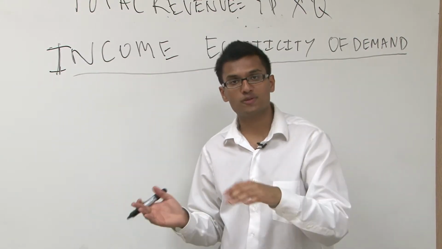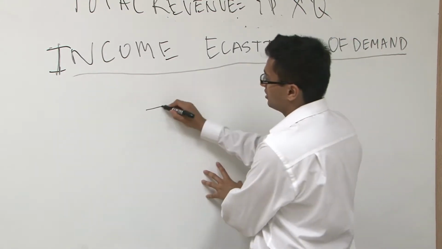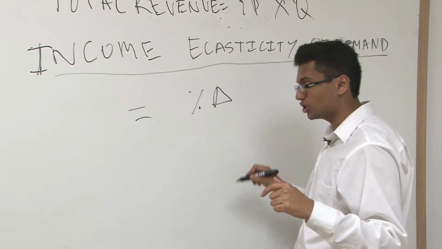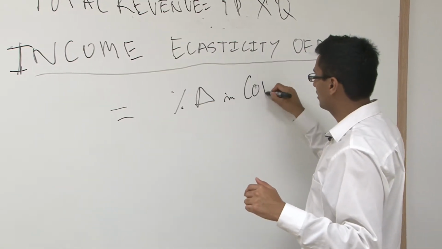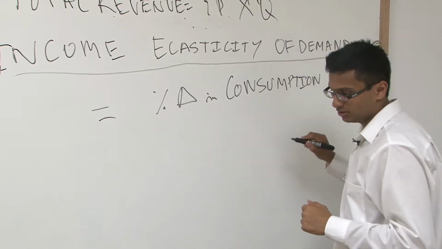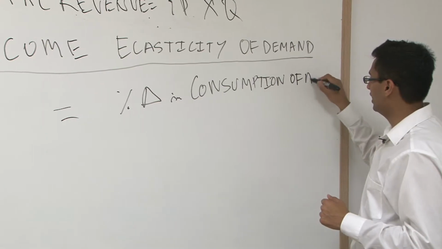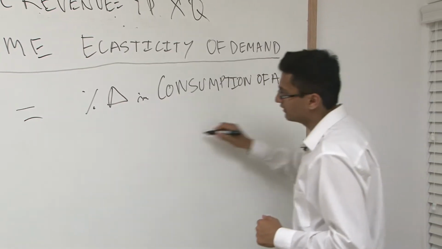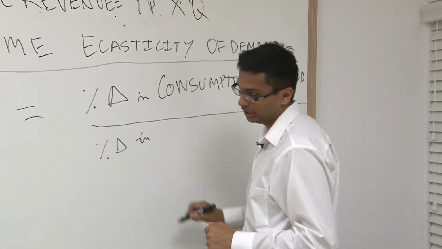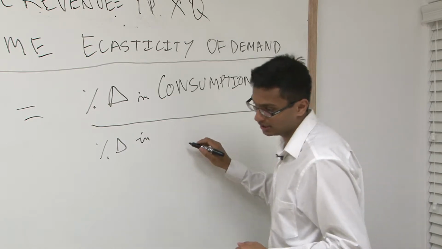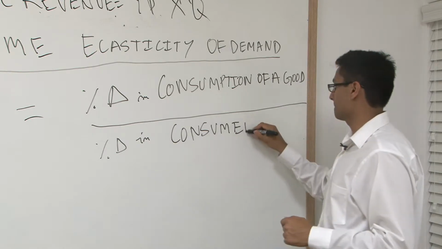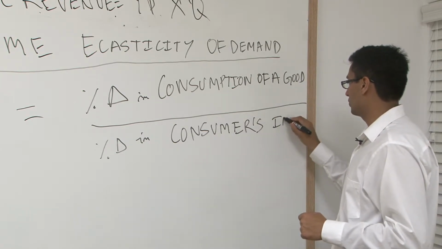So in equation terms, my income elasticity of demand is equal to the percent change in the consumption of a good, divided by the percent change in the consumer's income.